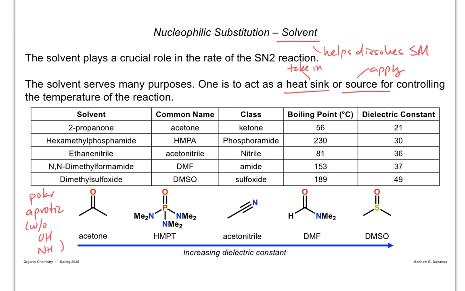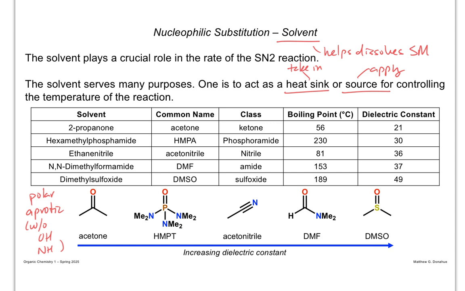The common solvents are acetone, that's a ketone, hexamethylphosphoramide, acetonitrile, that's a nitrile, dimethylformamide, that's an amide, and dimethyl sulfoxide, that's a sulfoxide.